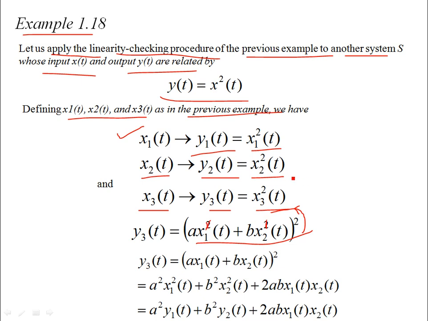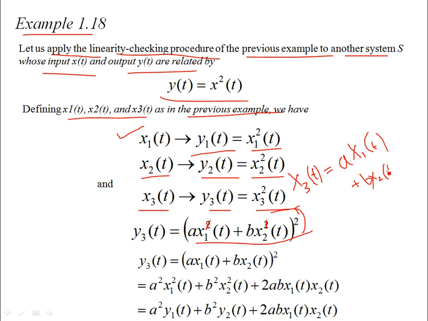But basically, x3(t) is a linear combination of two input signals, the same input signals x1 and x2, for which the responses were y1 and y2. So this is a x1(t) plus b x2(t). This is my x3(t).